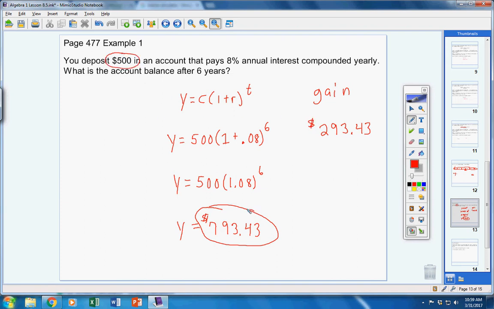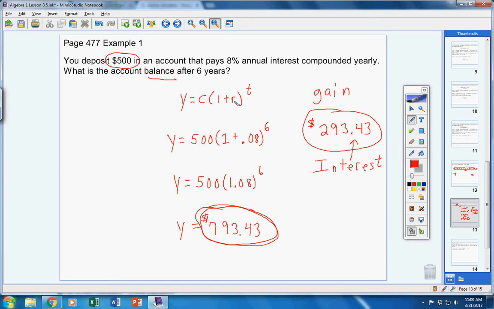You ended up with how much? 793. That's $293 more than 500. So always listen carefully to what I asked for. If I asked for how much money you gained, or if I asked for the interest, how much interest did you gain? You gained that much interest. What's your final balance, your final amount? This right here.